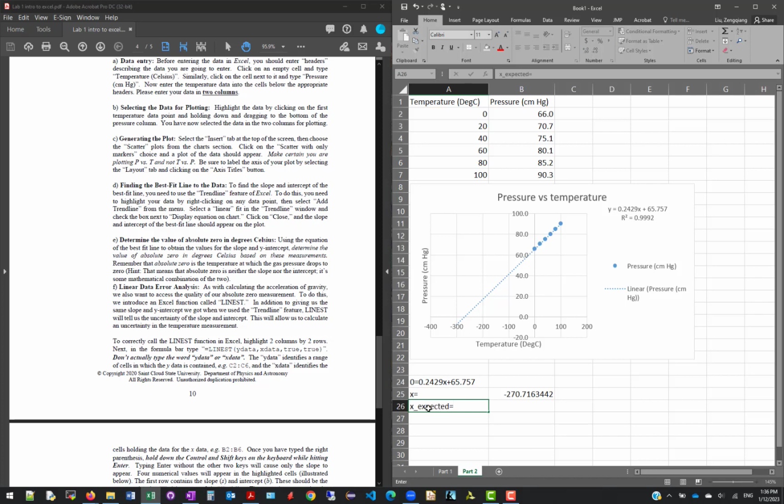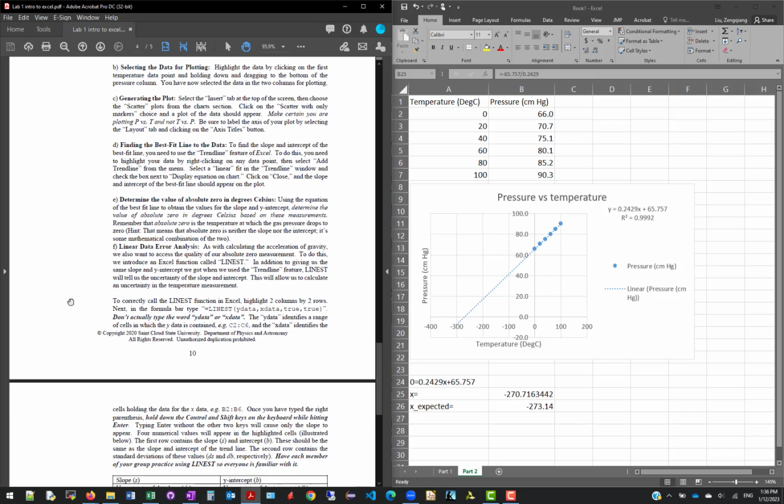What is the expected absolute zero? Well, minus 271. Oops. There. So yeah, I have to know the uncertainty to see if that one with uncertainty considered is able to prove this one. So let's move forward to part F.